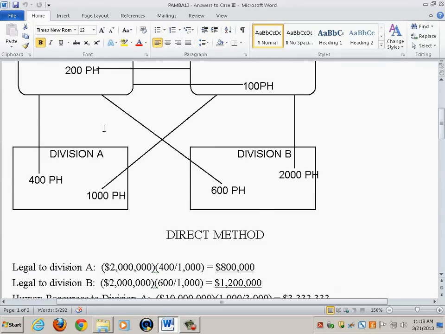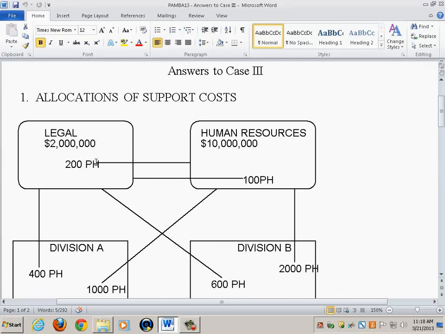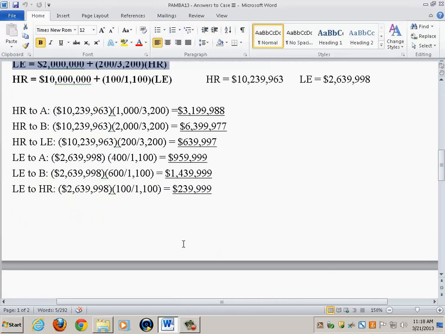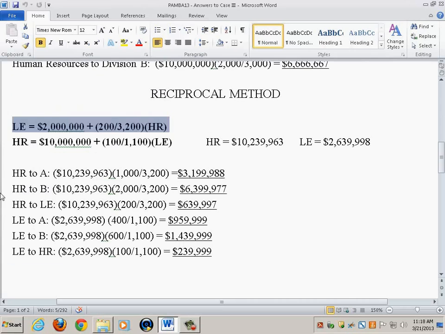You can go here and see: 200 to legal, 1,000 to Division A, 2,000 to Division B. Add them up, 200 plus 1,000 plus 2,000 is 3,200. So HR allocates a share of 200 over 3,200 of the total cost it allocates to all units. That's what goes to legal.